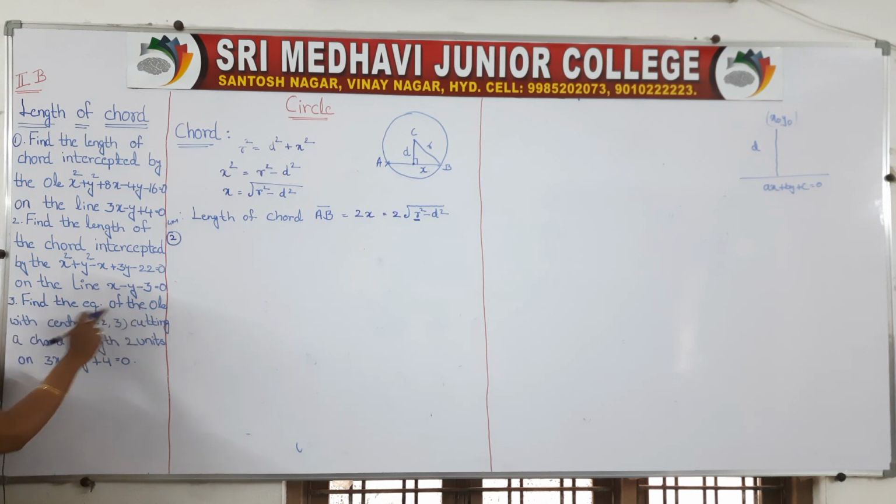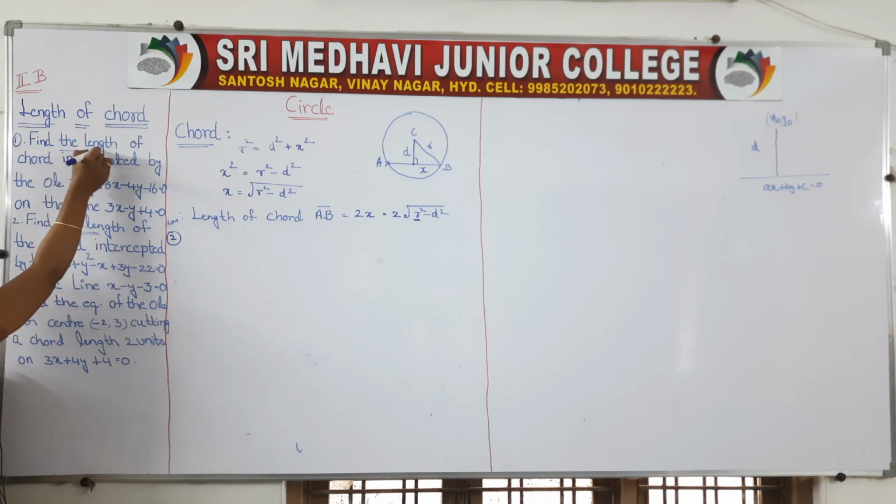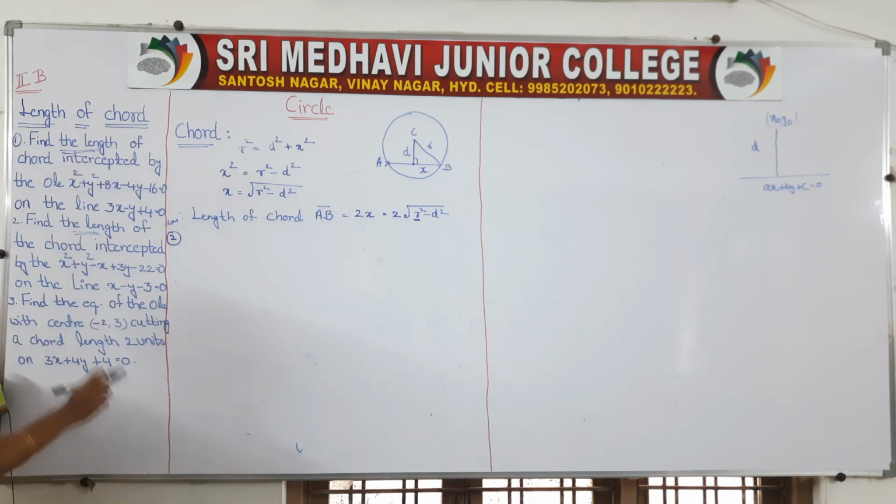See, find the equation of the circle. In this first one, in this second one, find the length. Here also find the length. But here find the equation of the circle, right? With the center minus 2, 3, cutting the chord of length 2 units. Length is given to you, right?